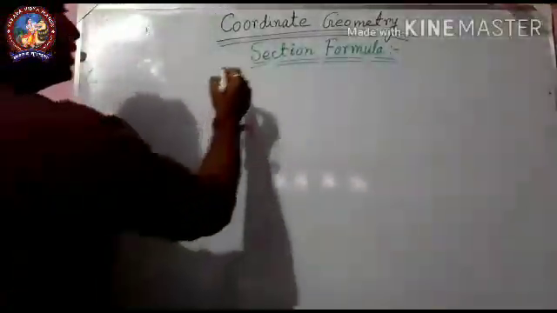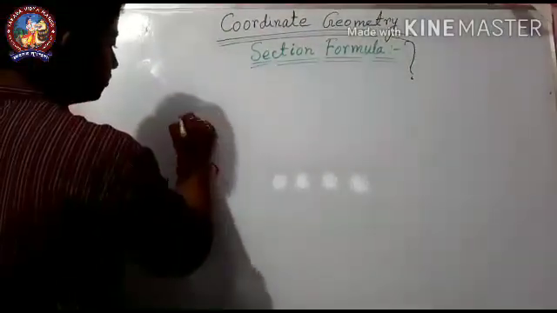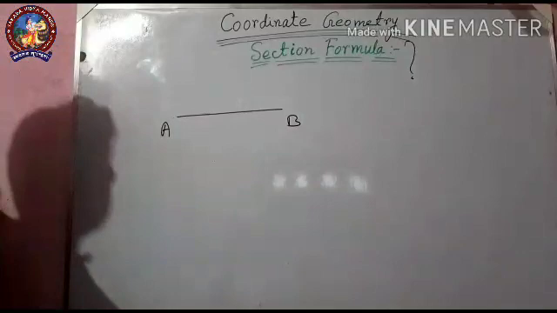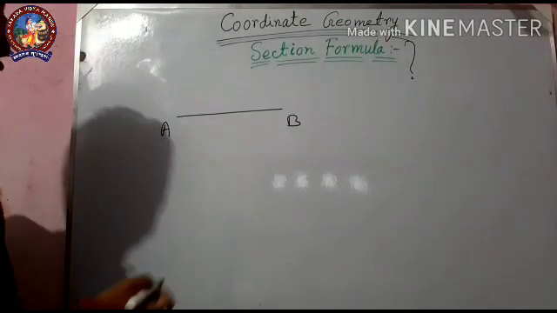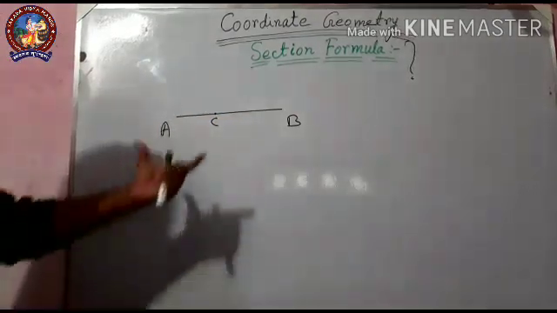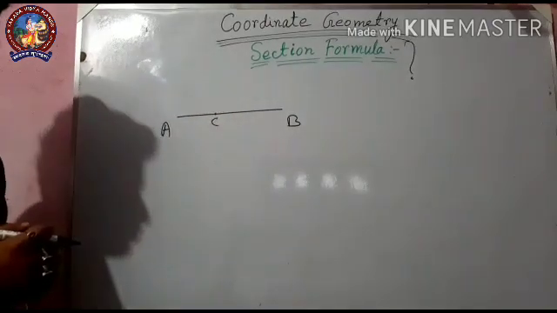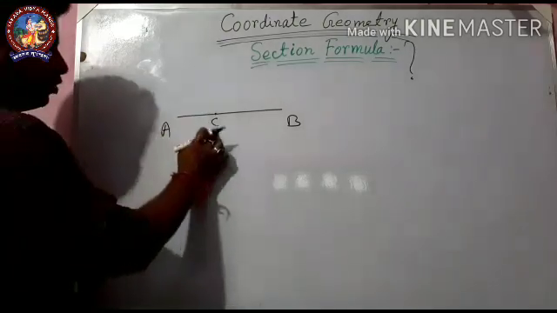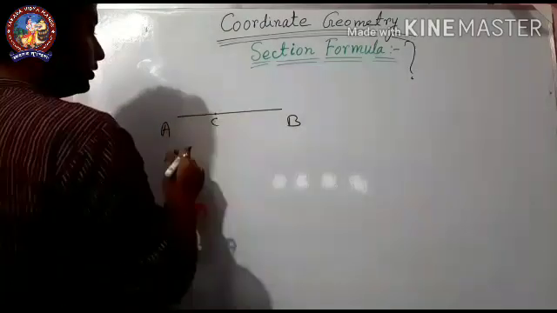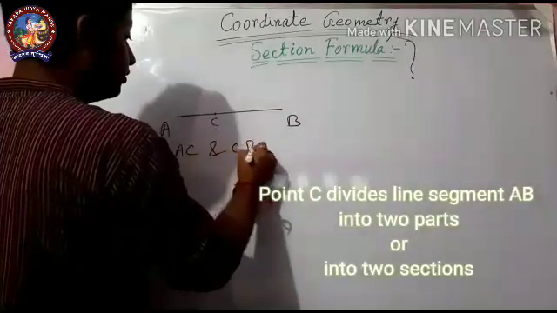Now what is actually this section formula? Suppose AB is a line segment where C is a point that lies anywhere in the length of AB, and this point C divides the line segment AB internally into two parts, those are AC and CB.